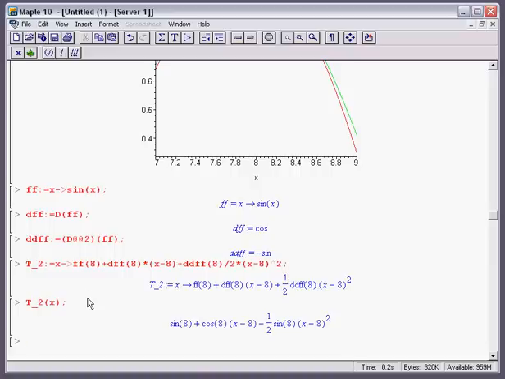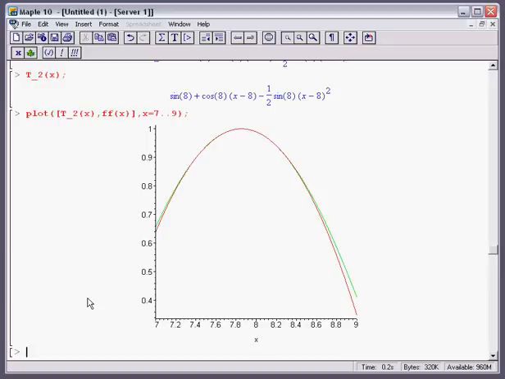Then you can evaluate it at any given point. And thus we could plot it in a similar manner, except now treating t sub 2 as a function of x and f as a function of x from x equals 7 to 9, which will produce the same picture that we saw before.